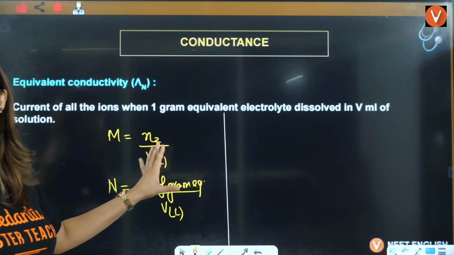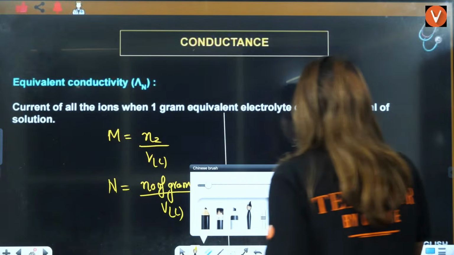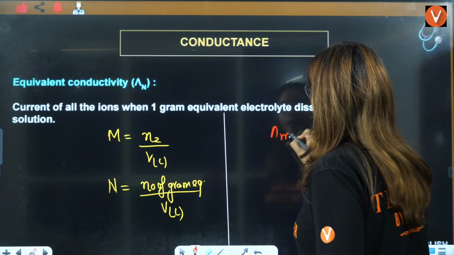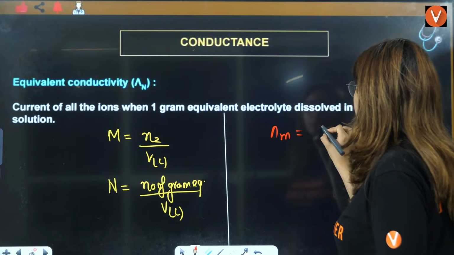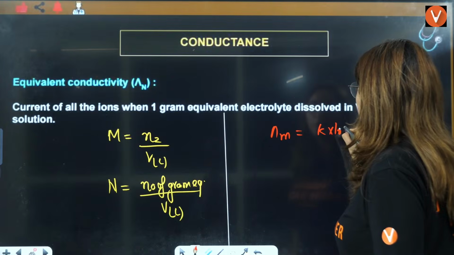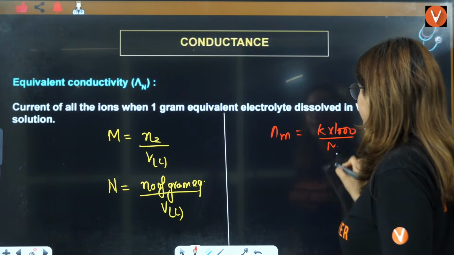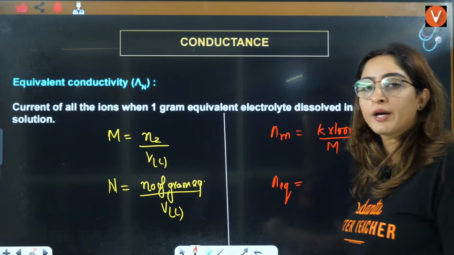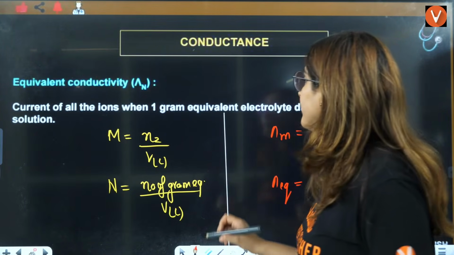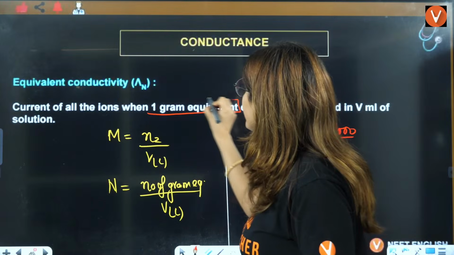The same difference is between these two things, that in molar conductivity we are talking about 1 mole, so that is kappa into 1000 divided by molarity. But in equivalent conductivity, we are talking about 1 gram equivalent.